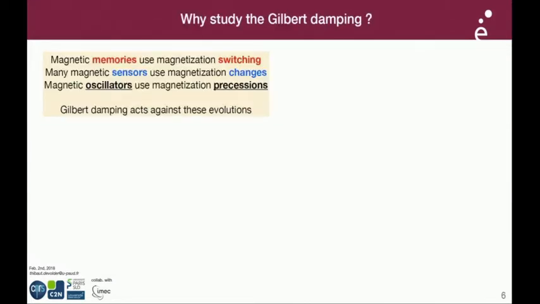It matters for many applications. In magnetic memories, you want to switch the magnetization. In some magnetic sensors, you need the magnetization to rotate. In oscillators, you want the magnetization to precess. Essentially, you want the magnetization to change in many applications, and damping is the torque that opposes these changes. So understanding the damping is very important.